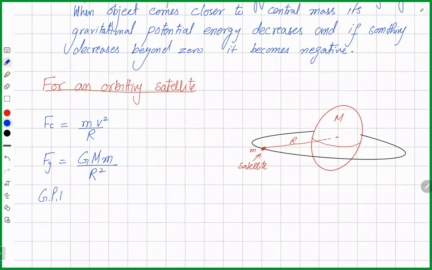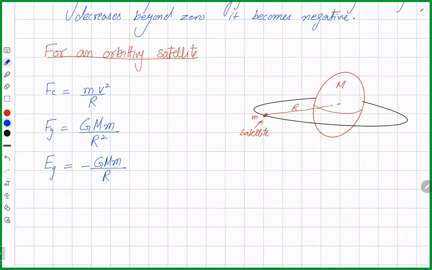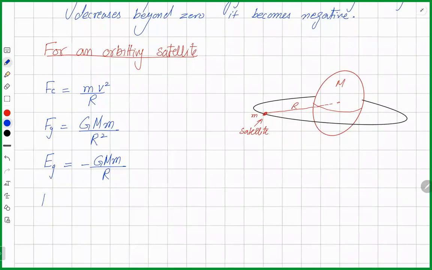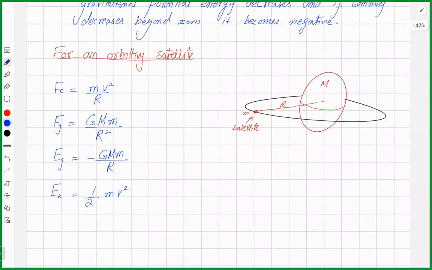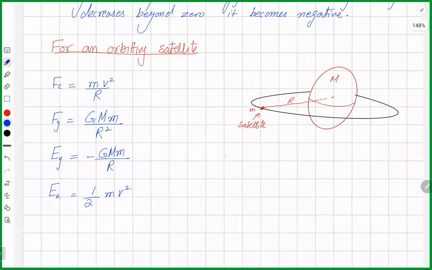Gravitational potential energy is minus G M m over r, and kinetic energy is 1 over 2 m v square. Now, what will be the orbital speed?